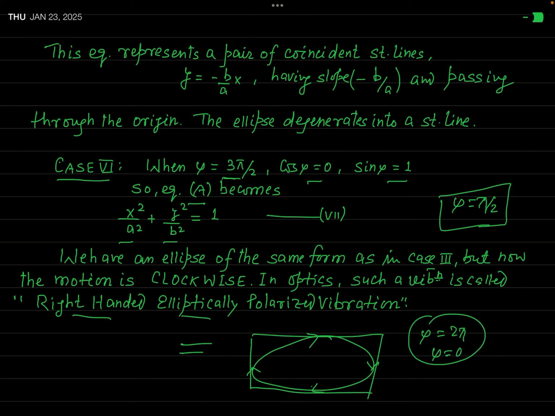So in this way, when the ratio of the frequencies of the two SHMs acting at right angles is 1:1, but the phase difference phi may have any value between 0 and 2 pi, then we get different Lissajous figures from a straight line to an ellipse.